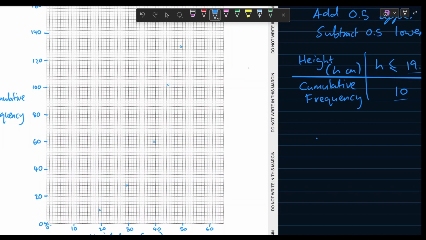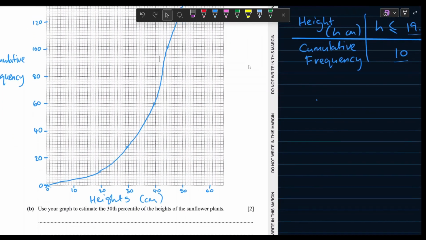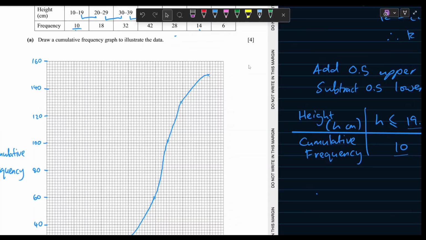So it's going to look something like this, going through all of these points. Like that. This is going to be our cumulative frequency curve.